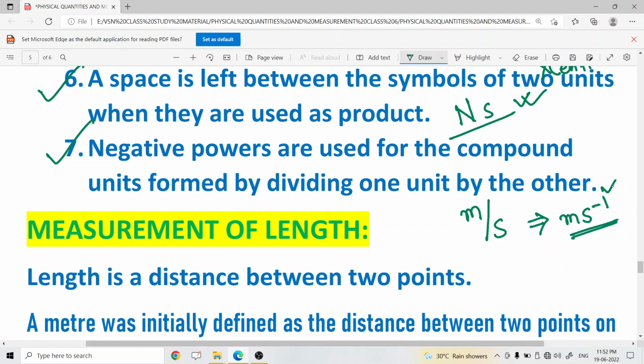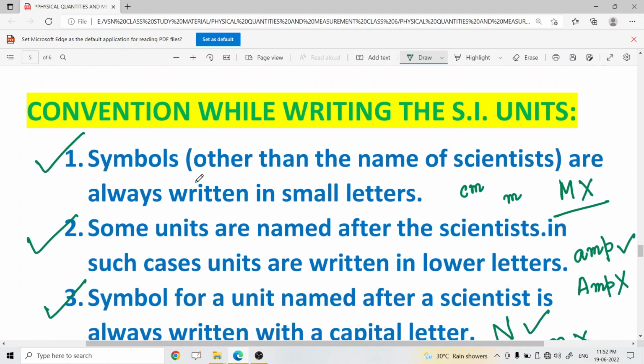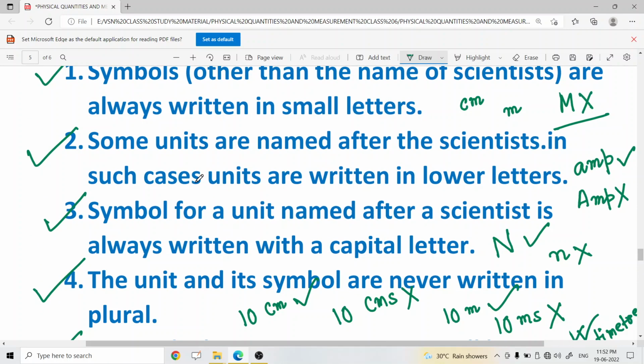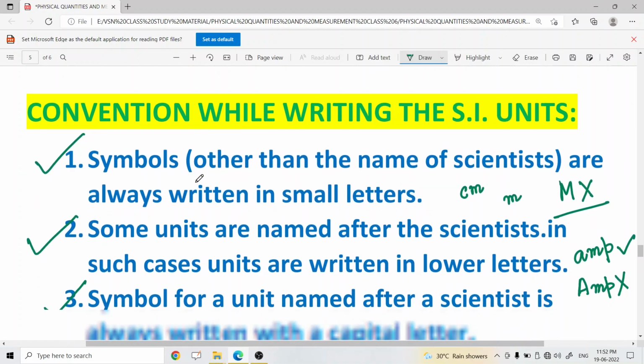So in this case, this is right also. In this way we have to write units, so when we write units, we have to remember all these conventions.